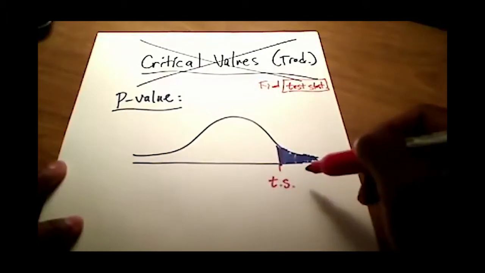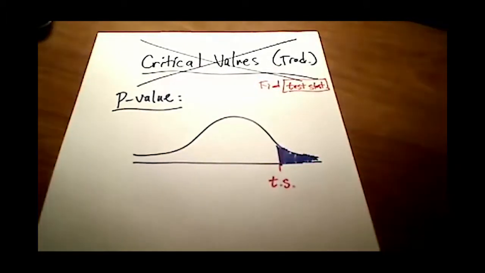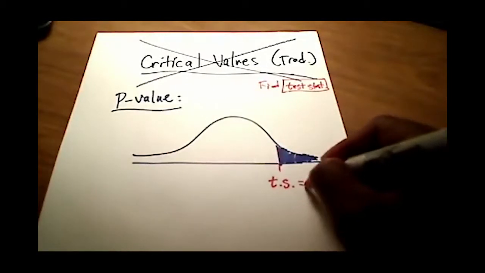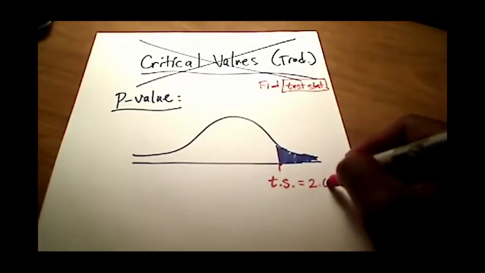Let's say our test statistic, I don't know, I'm just kind of making something up, came out to be something like 2.61. Or sorry, positive, this is on the right hand side. So let's say our test statistic came out to 2.61.